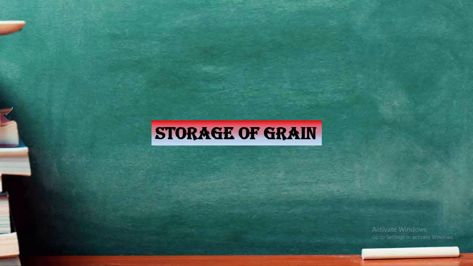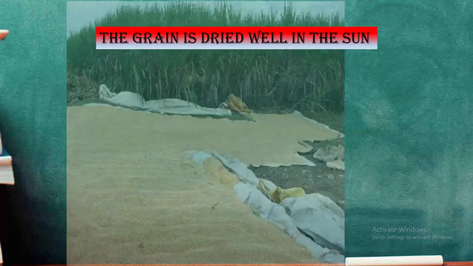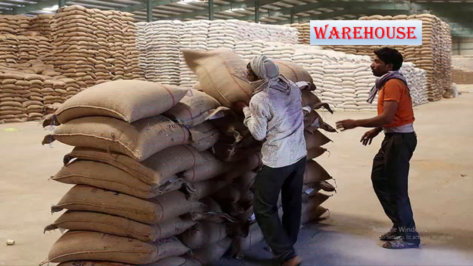Storing the harvested crop safely is as important as increasing the production. First one is the grain is dried well in the sun. The second one is it is filled in sacks. Then the sacks are stored in the house or after selling, in warehouses or shops.